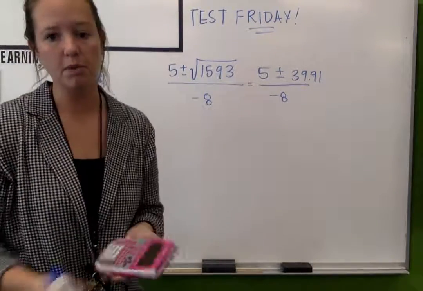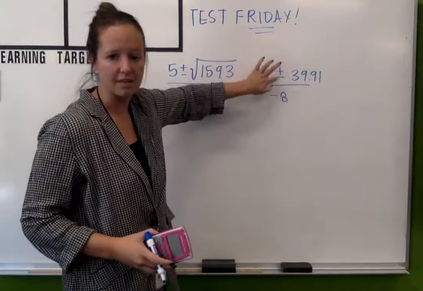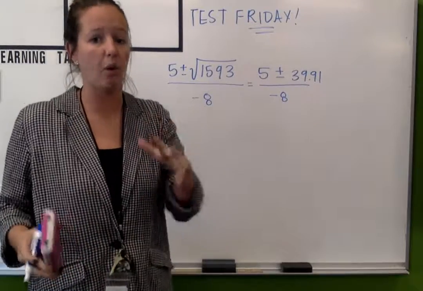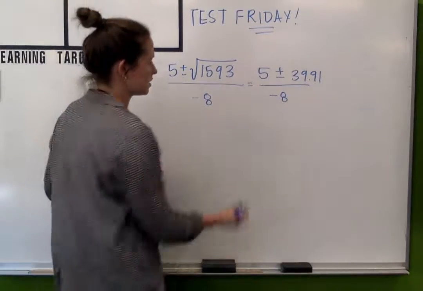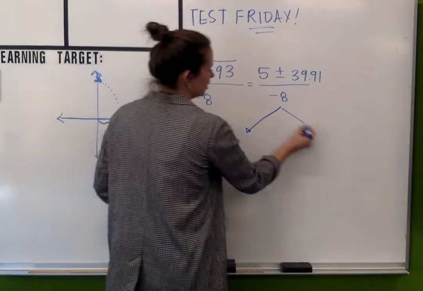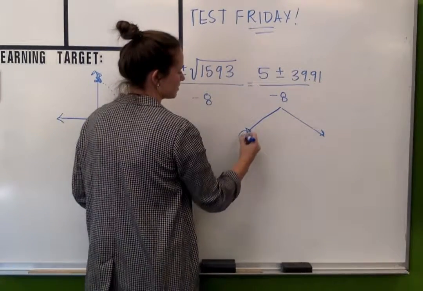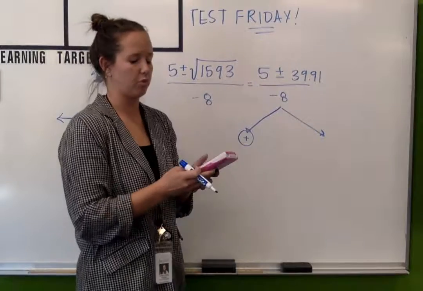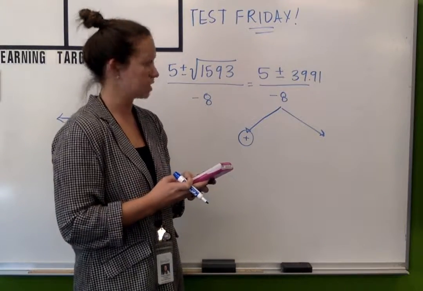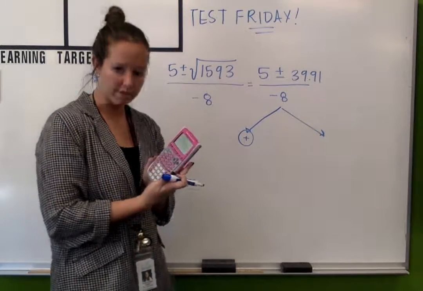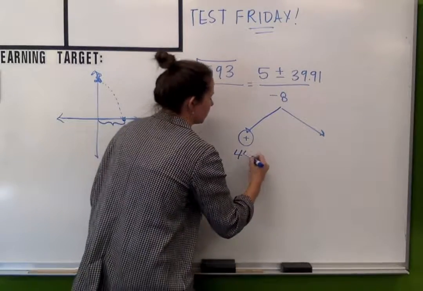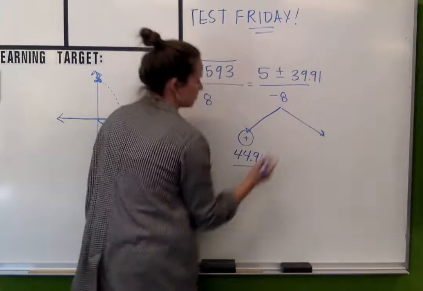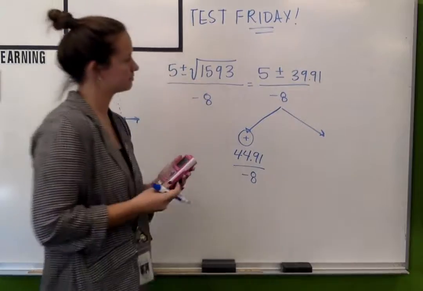So that's pretty good. We're almost done, but you still have a plus sign and a minus sign. So you have to evaluate both of those options. So I'm going to break it off, and I'm going to do the plus sign first. So I'm going to do 5 plus 39.91, which is 44.91. So I'm going to write 44.91 and then keep the negative 8 on the bottom.